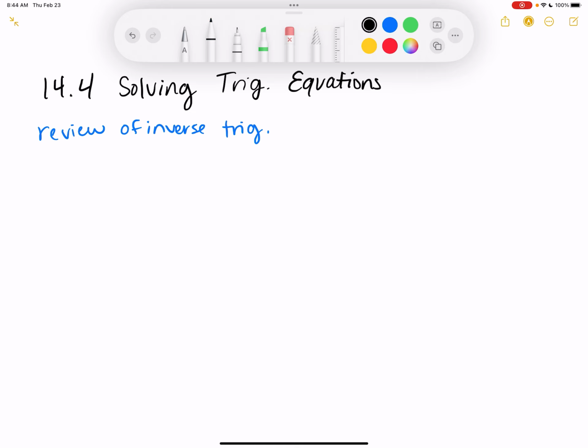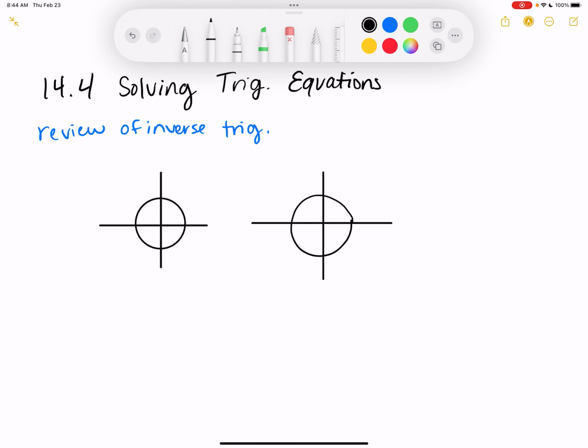So I'm going to set up my 3 little graphs here. All right, so I'm going to do sine, cosine, and tangent.